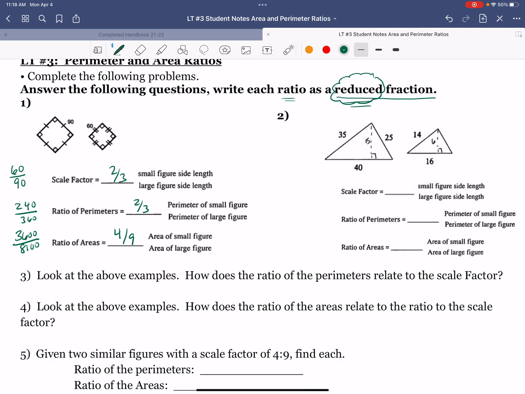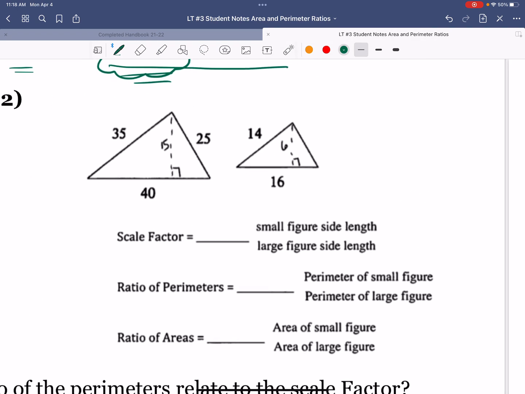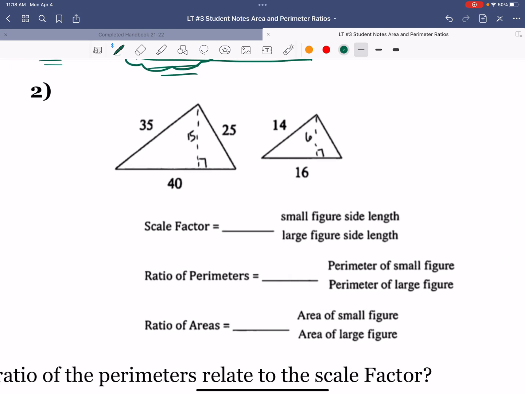Over here, for number 2, we've got that the perimeter of this one is 100. The area of this triangle is 300. The perimeter for this guy, which you may or may not have been able to find, was 40, and the area is 48. So I wanted you to put 10 in there.